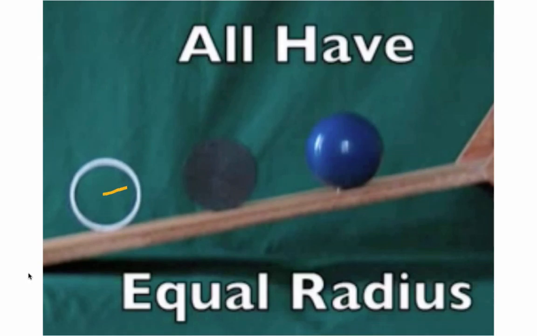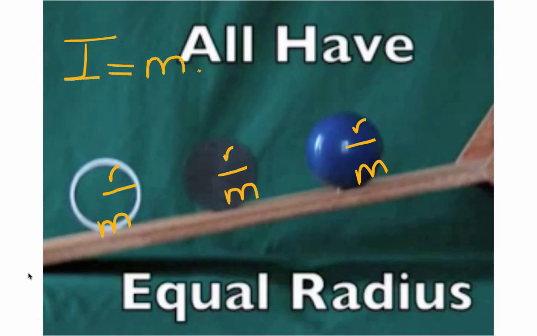The radius of the hoop is r, the radius of the disk is r as well, and the radius of the sphere is r. So now we know that the three shapes have the same m and the same r. If I am to compare their moment of inertia I, which is supposedly m times r squared, all of them should have the same I. I of this is the same as I of this, is the same as I of this.